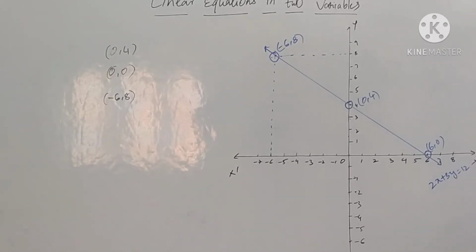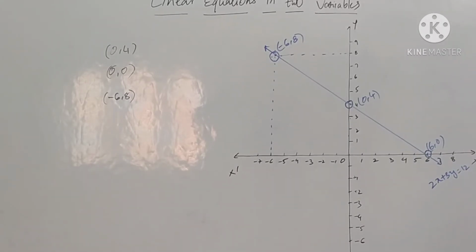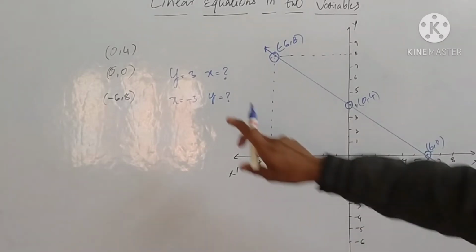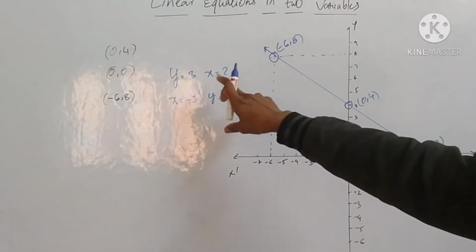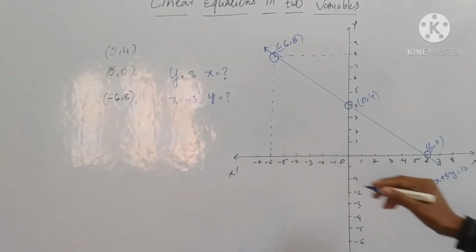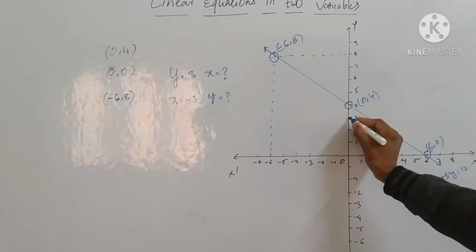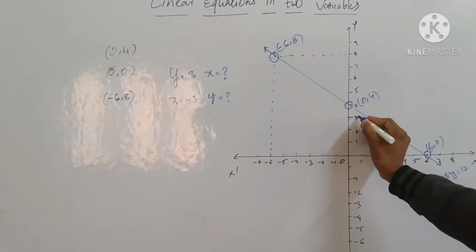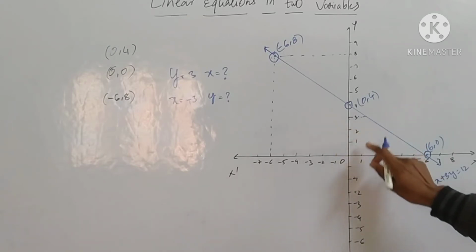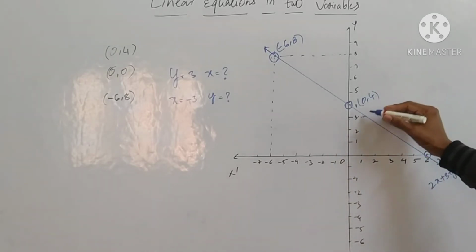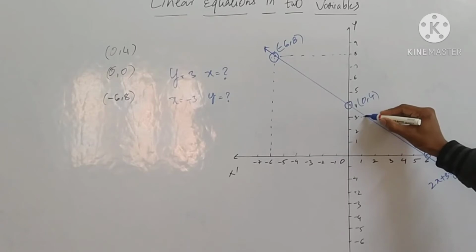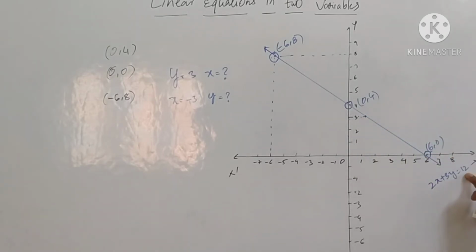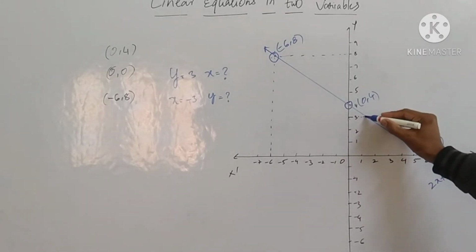So here we have to find: y is equals to 3, x is equal to question mark. Here y is equals to 3. Draw a perpendicular line to the y axis, which is parallel to the x axis. This dotted line intersects the line 2x plus 3y is equals to 12 at this point.